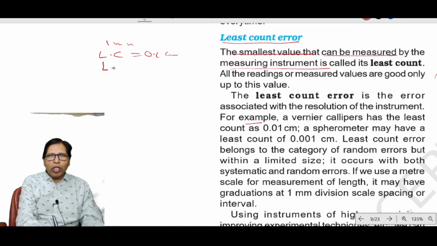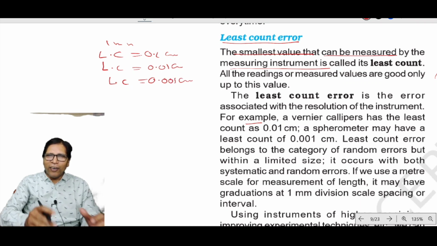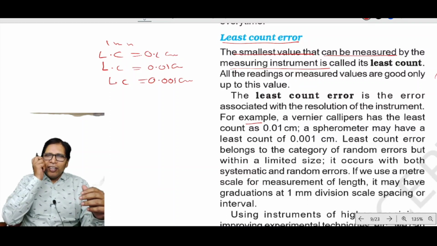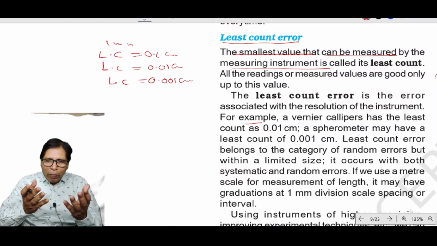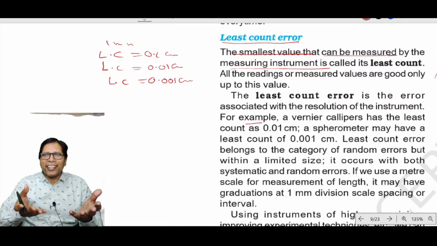Normally, the least count of slide calipers is 0.01 centimeter. The least count of screw gauge is 0.001 centimeter. Okay, now the least count of a normal clock is 1 second.